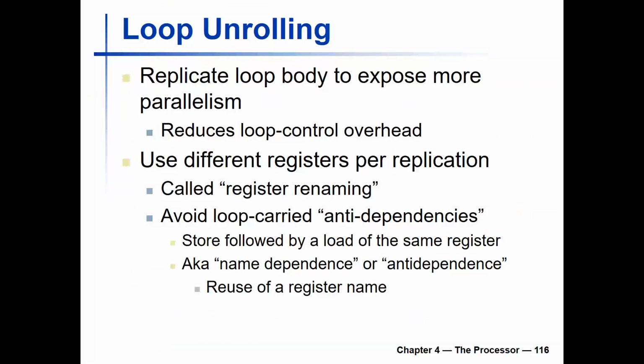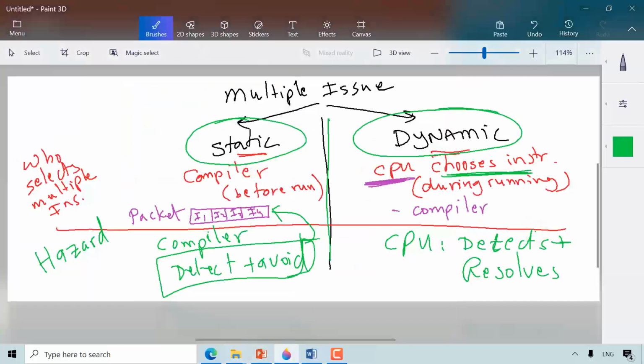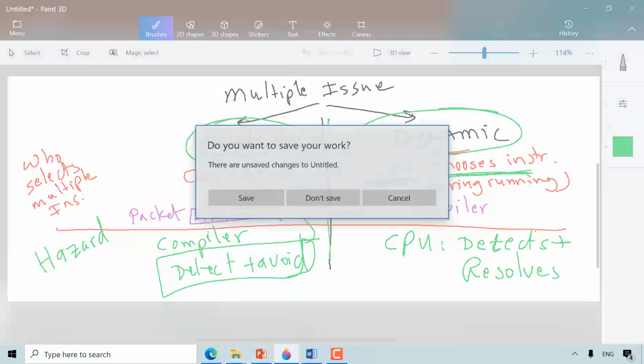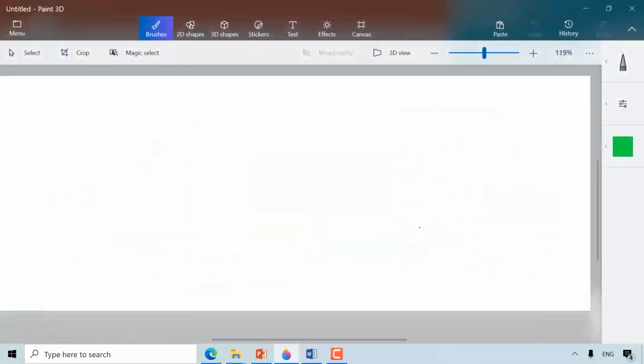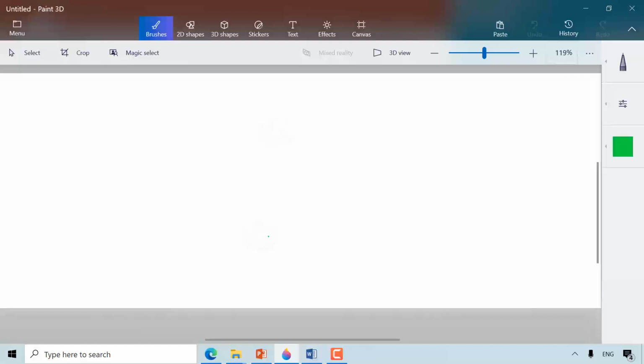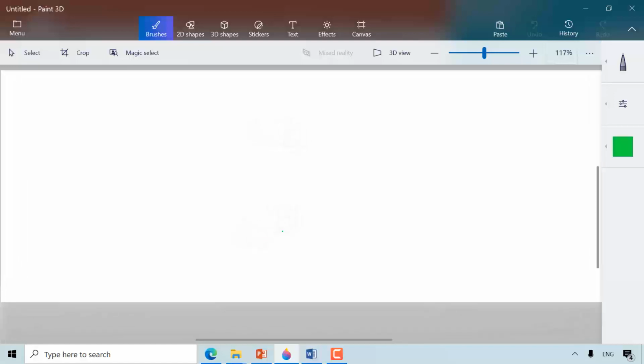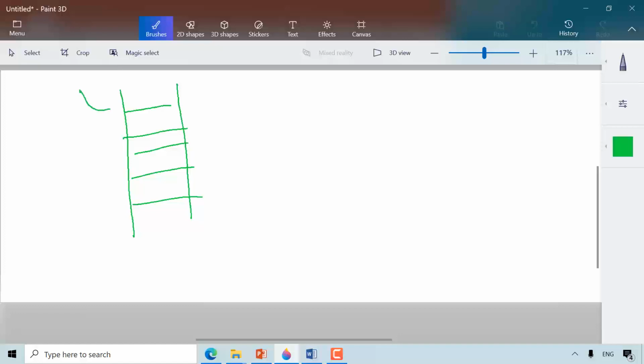Let's use the whiteboard here for a second. Loop unrolling basically says the following. Suppose this is my array, and I'm pointing into this array with S1.